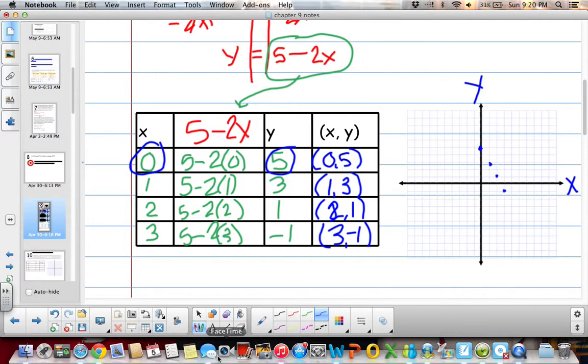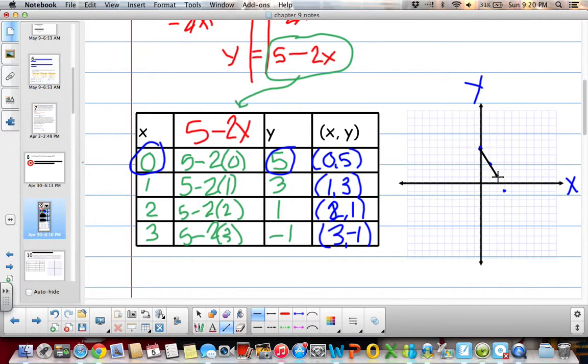And then if we connect them, we don't need all the points in our line, but we do know that once we have at least 2 points, but here we have 4, then we should be able to create our line, and we know that it will go on and on forever.